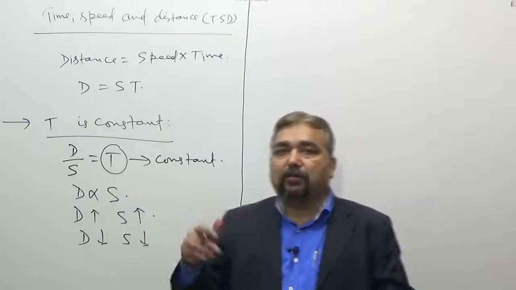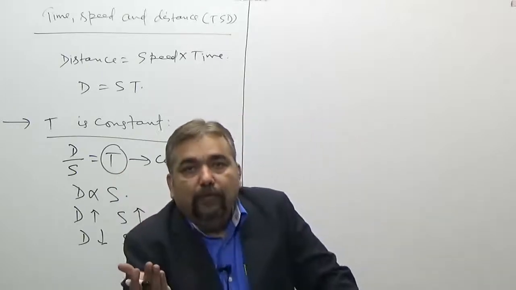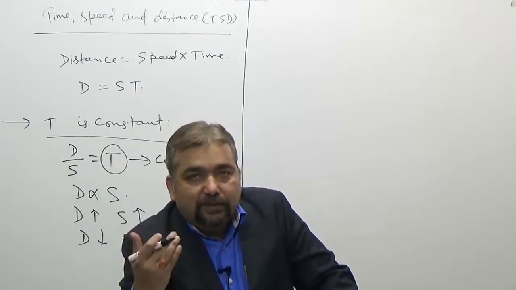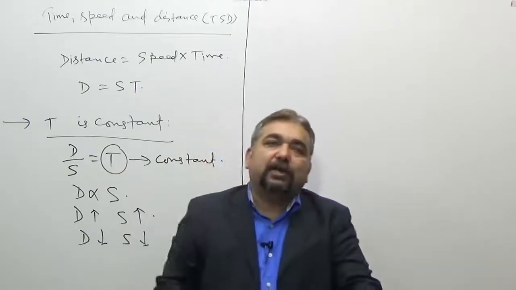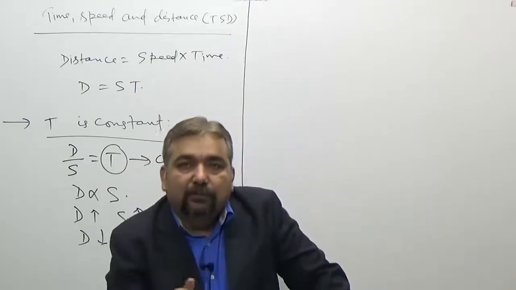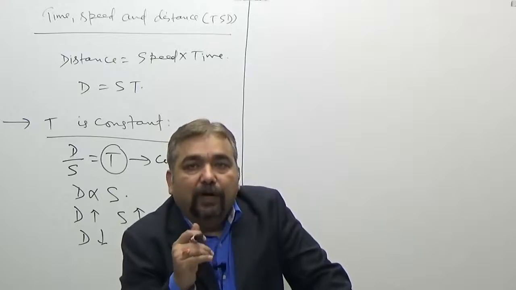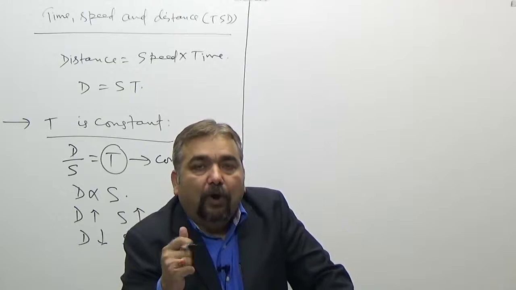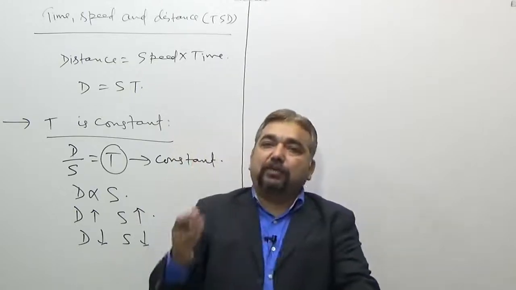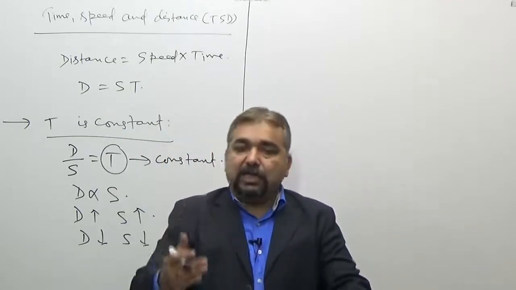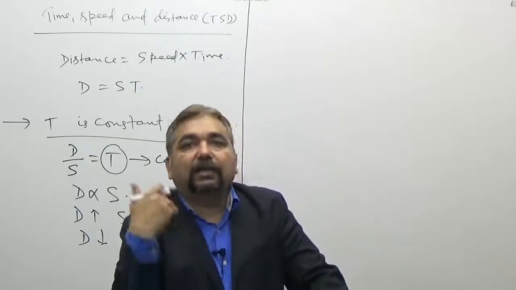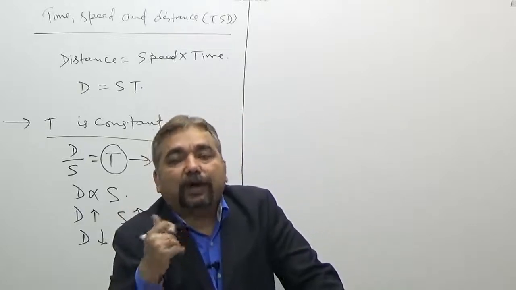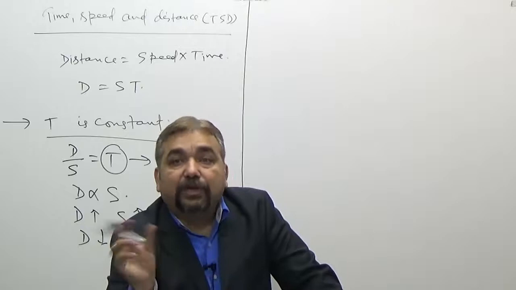Suppose you have to move for 5 hours. Your car speed is 50 km per hour. What happens? You will cover 50 into 5, 250 km. If your car speed is suppose 60 km per hour, the car speed has been increased, then in that 5 hours, you will cover how much? 60 into 5, 300 km.